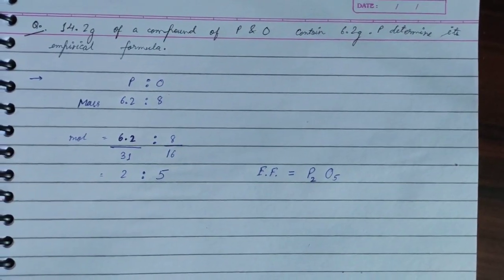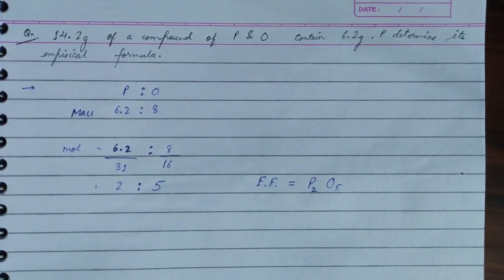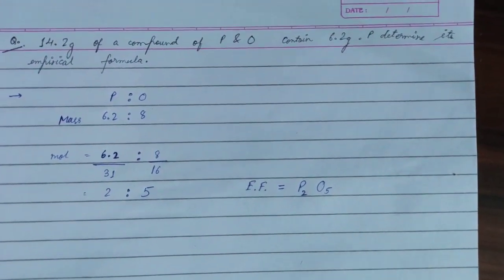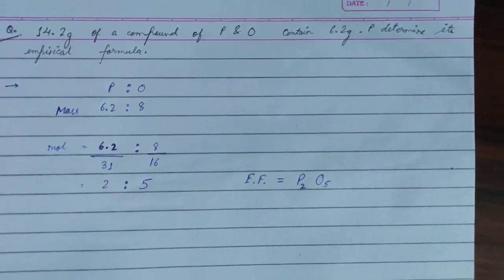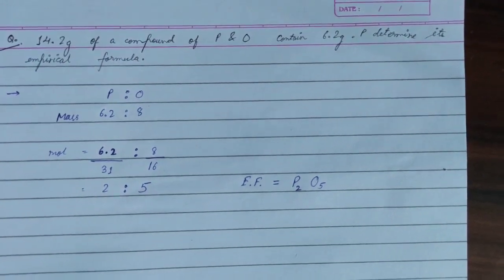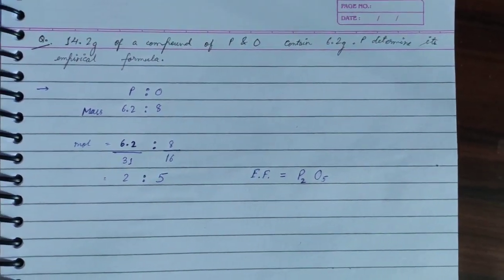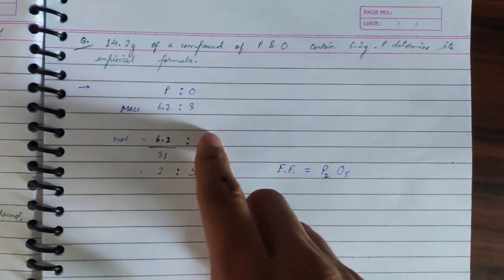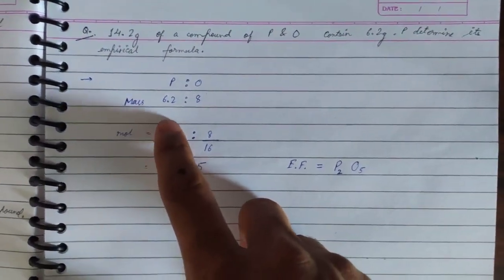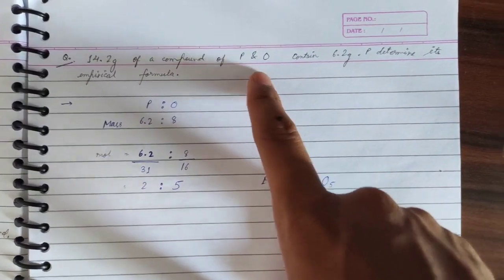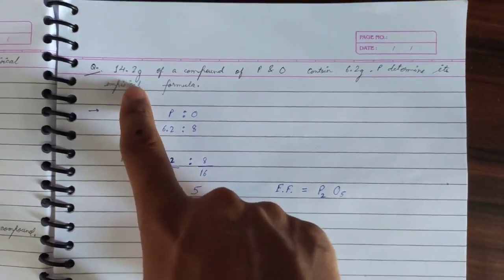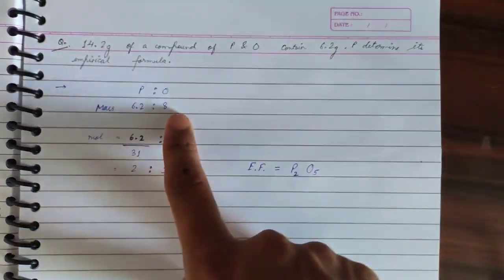Now see, there is one more question. 14.2 gram of a compound of phosphorus and oxygen contains 6.2 gram phosphorus. Determine its empirical formula. Here we will write in the ratio form, so P is to O. Mass of phosphorus is given as 6.2 gram. Now total is 14.2, so 14.2 minus 6.2 gives us 8.